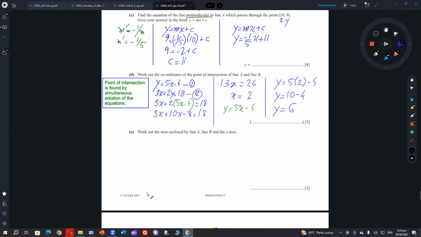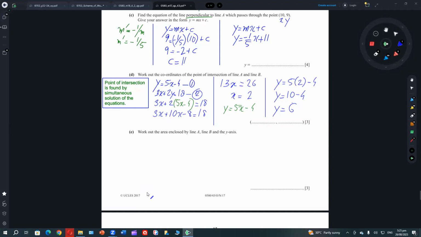Look at part E. In part D, will we write 5x minus 4 in the first line?